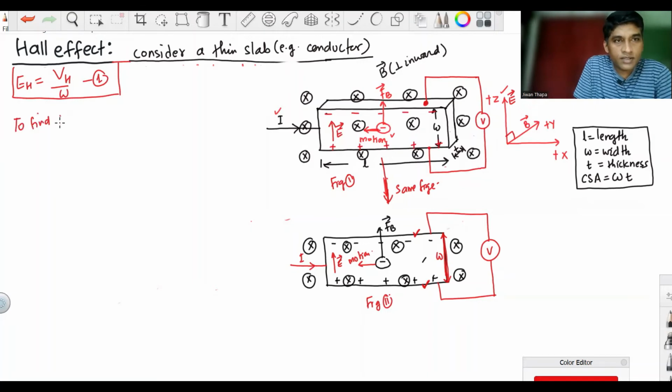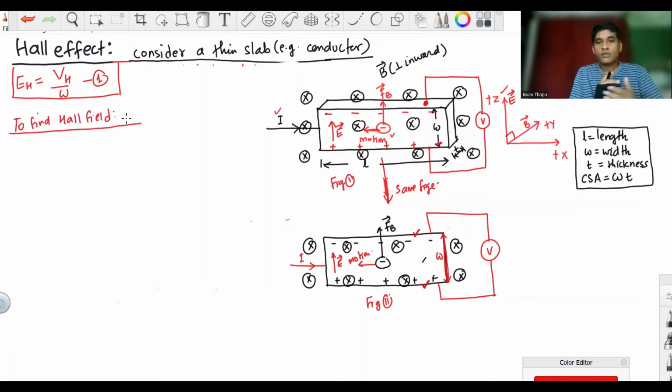Now, to find the Hall field, how do we find it? Let's look into this figure once again. I'm redrawing this figure over here.